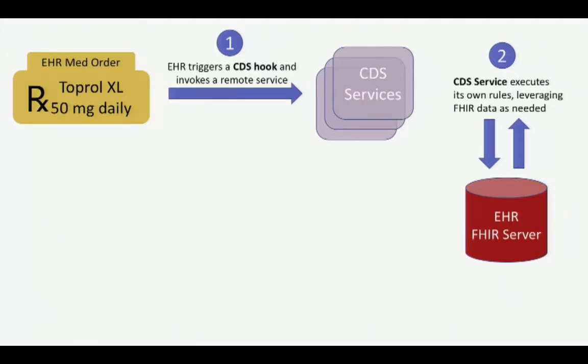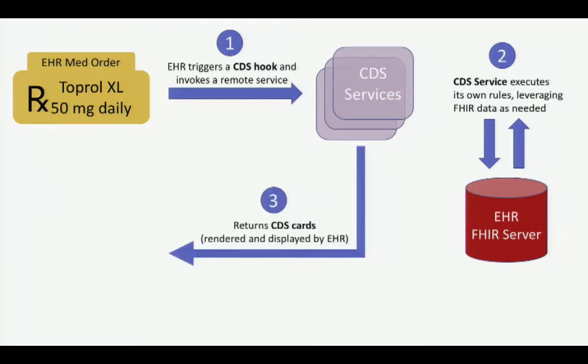So they can leverage all of that data, and then they return that decision support back in the form of those cards that I mentioned earlier. These cards are actually a machine-readable JSON API. And that API then is rendered and interpreted by the EHR, so it's interpreted in a native fashion. So the decision support comes back as JSON. The EHR interprets that and renders that decision support within the workflow.